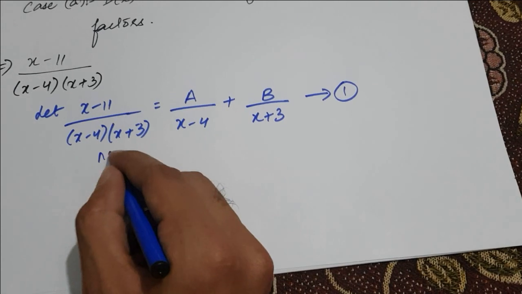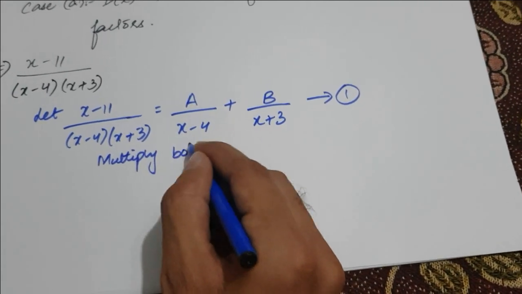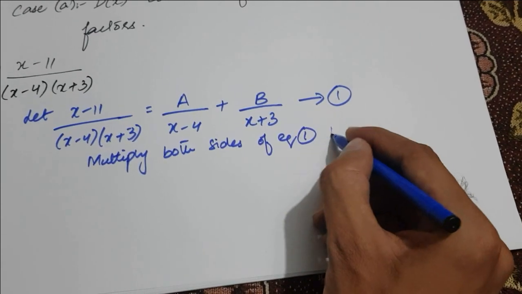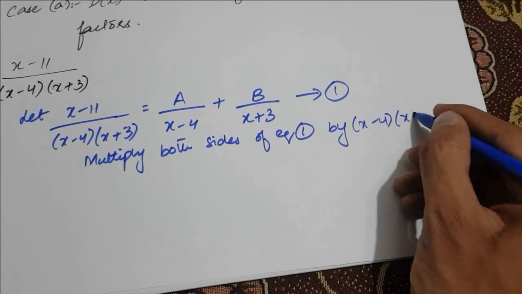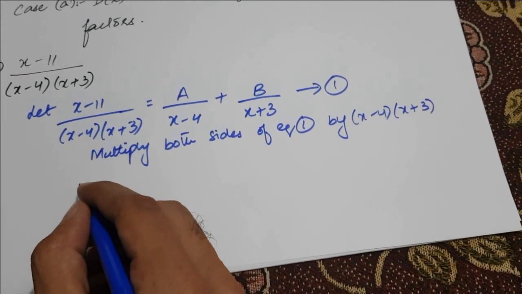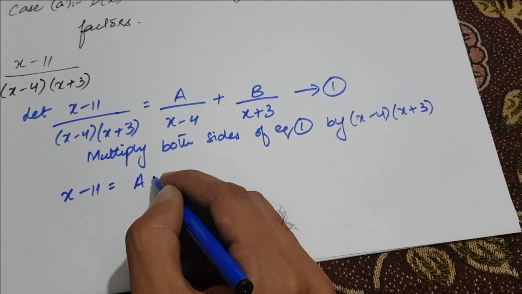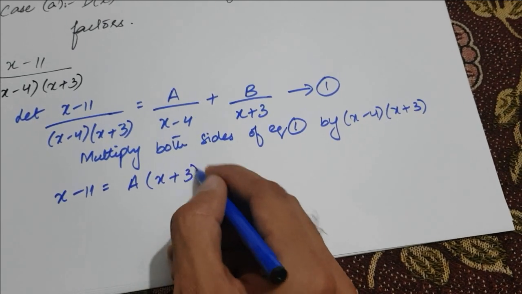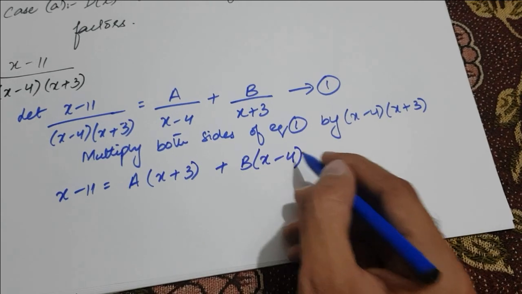In the second step, we multiply both sides of equation 1 by (x minus 4) into (x plus 3). Now we get x minus 11 equals A into (x plus 3) plus B into (x minus 4).